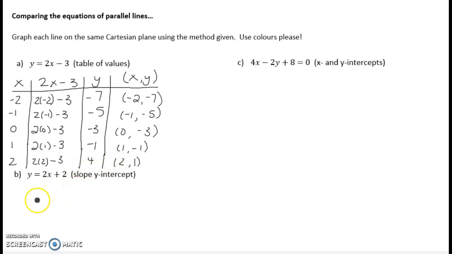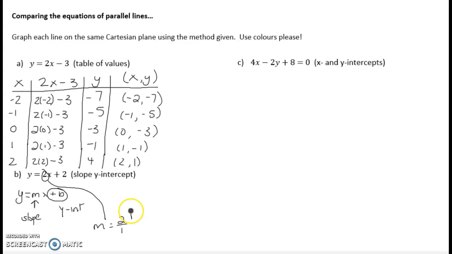Okay, so let's do B. y equals 2x plus 2, and they want the slope and y-intercept method. Well, we know that y equals mx plus b. m is your slope, and this b is your y-intercept. So when I look here, my slope equals 2 over 1.